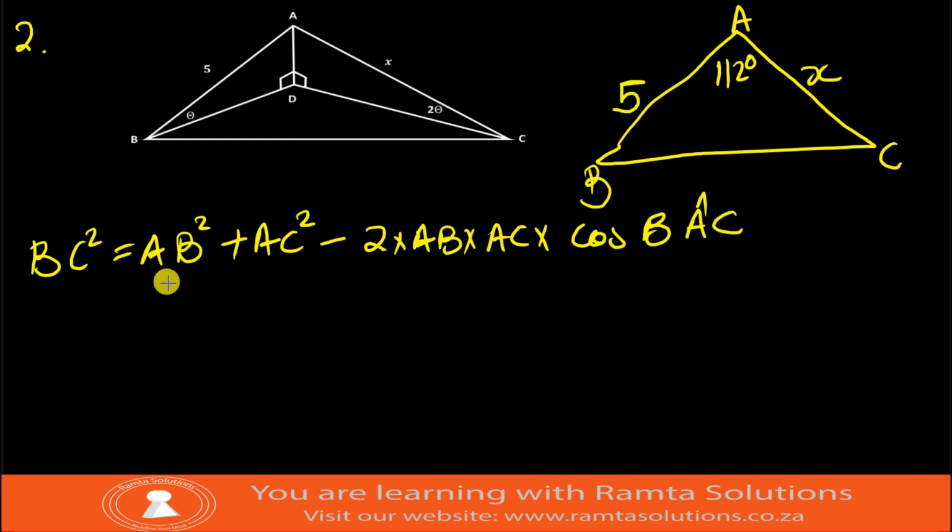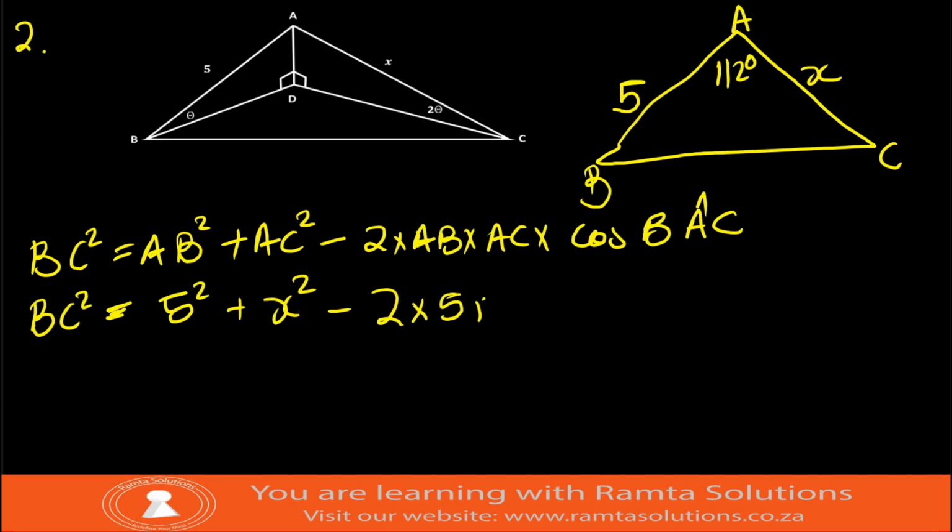So AB is simple, it's 5 units, and AC is x, so we have x squared, minus 2 times 5 times x. Be careful, do not confuse your x with your multiplication, times cos 112. However, we found our x.